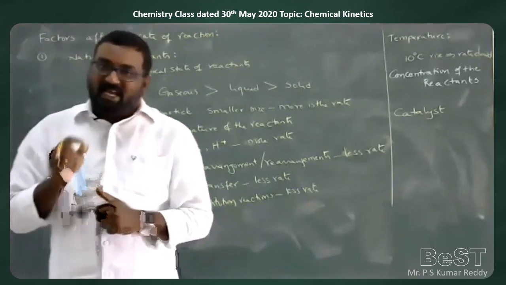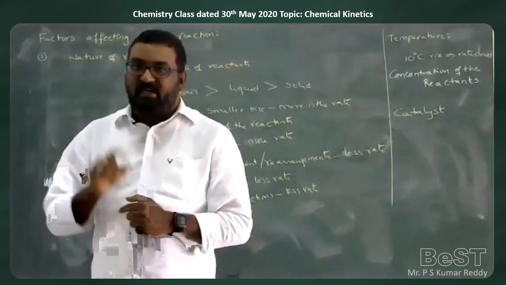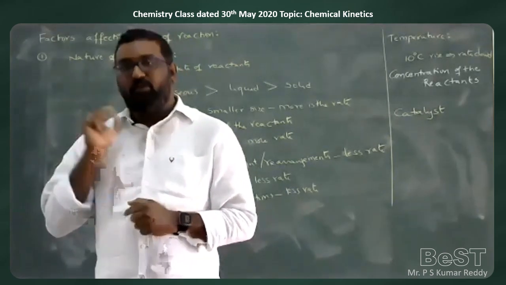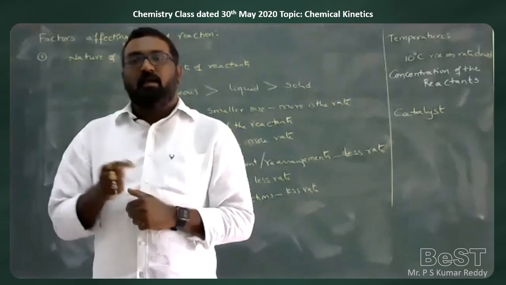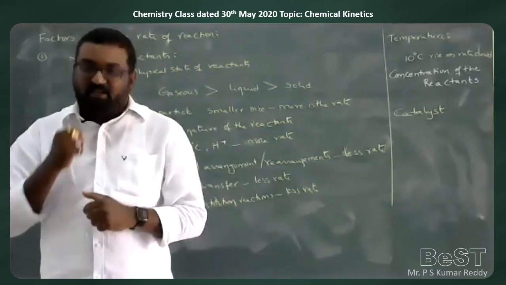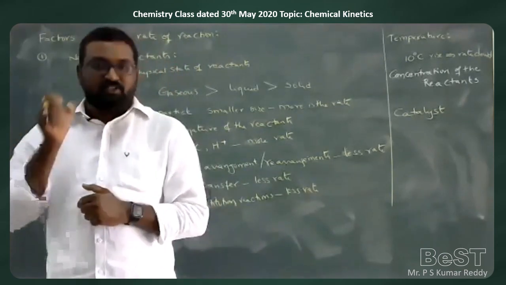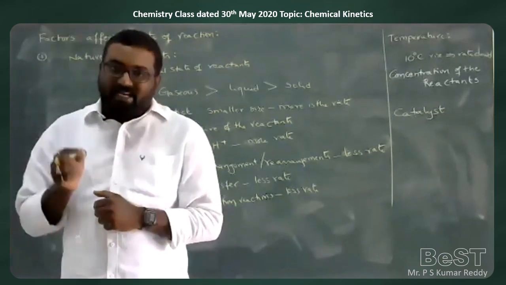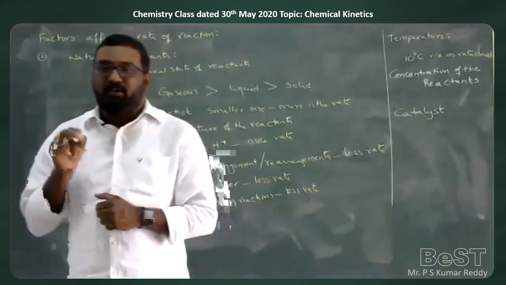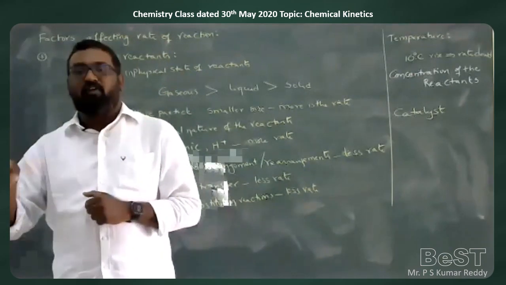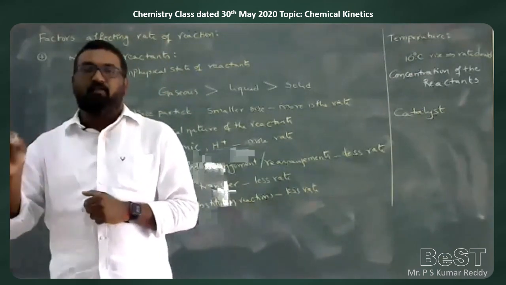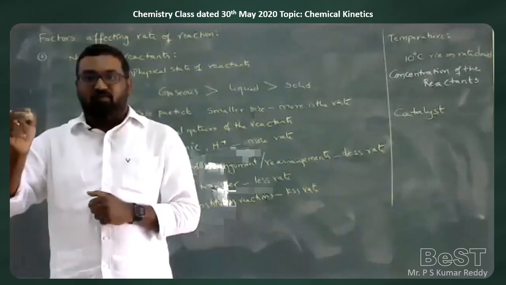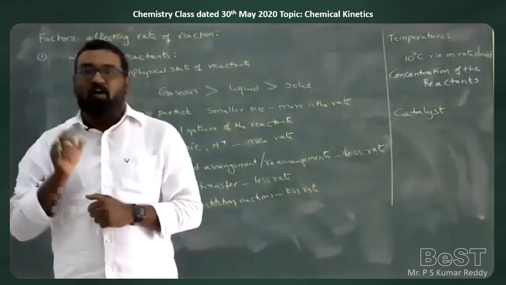If we use a catalyst to increase the rate of reaction, such a catalyst is called a positive catalyst. If a substance is used to decrease the rate of reaction, it is called a negative catalyst.